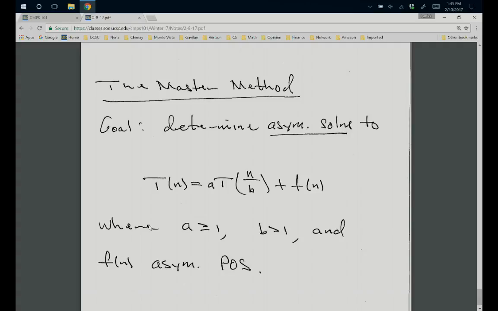But in addition to checking that hypothesis, we have this added condition. Let me put it in a box. The book refers to it as the regularity condition.